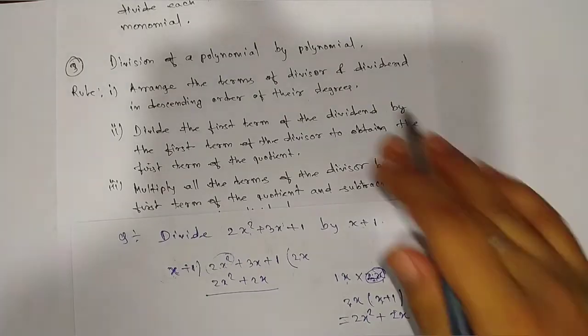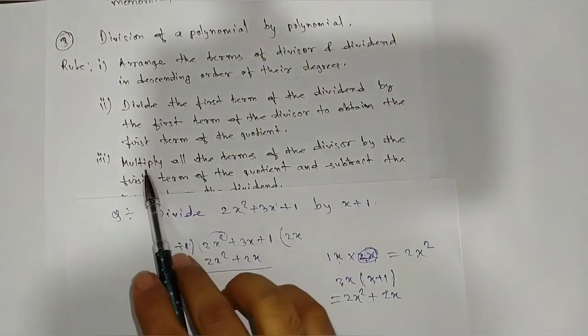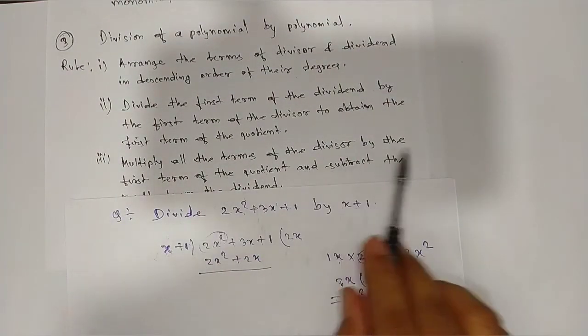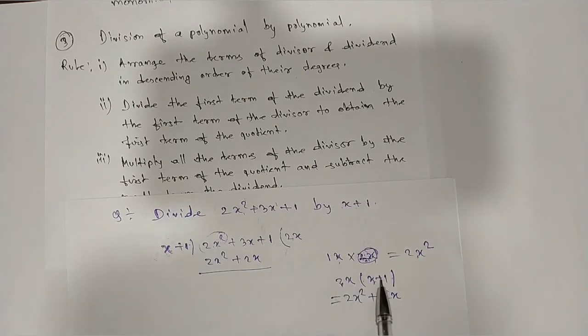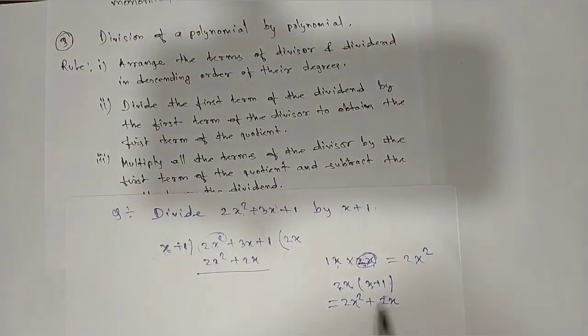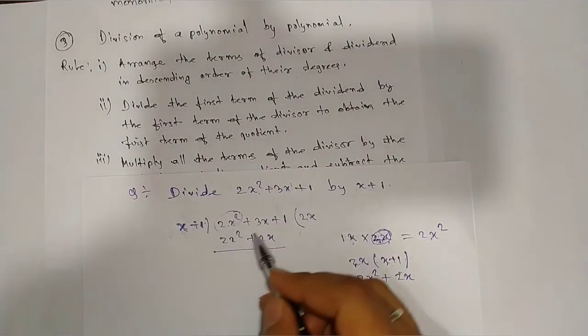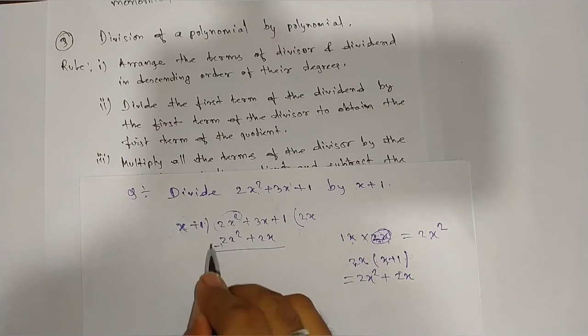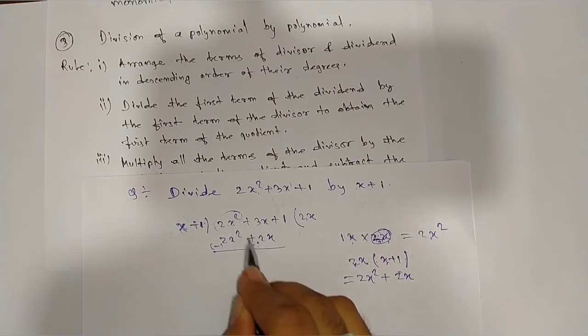The third step they are saying here: multiply all the terms of the divisor by the first term of the quotient, and subtract the result from the dividend. Subtract the result. For subtraction we know the rule is to change the symbol. If there is a plus, it becomes minus. If there is a minus, we'll take plus here.